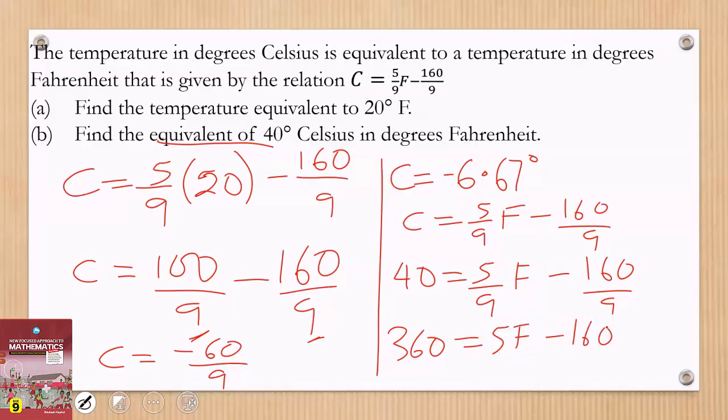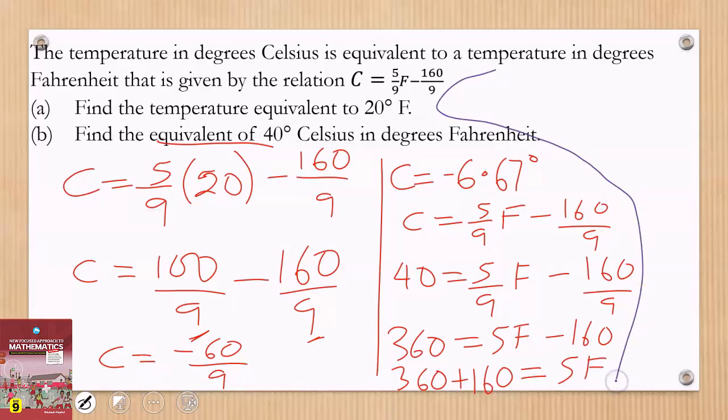So we make F the subject. Maybe I group like terms, and I can have 360 plus 160 is equal to 5F. Now when I add 360 to 160, we have 520, which will be equal to 5F.